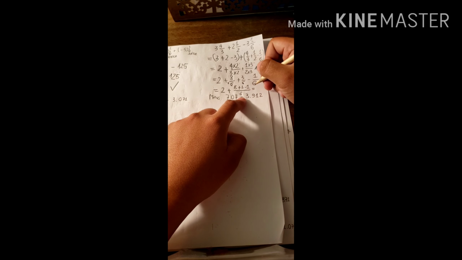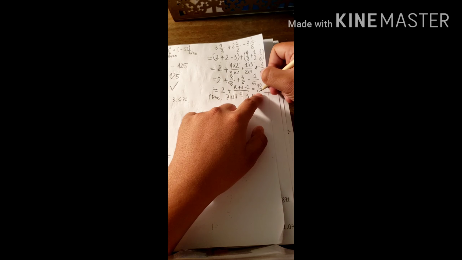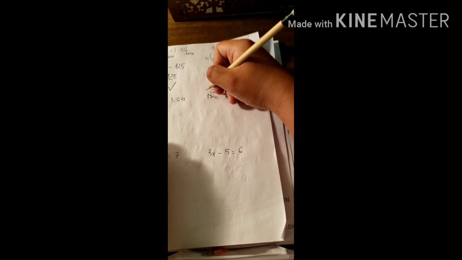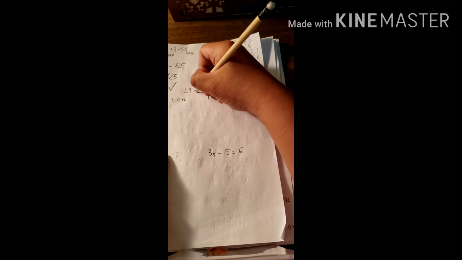We can simplify together. 8 plus 3 is 11. 11 minus 1 is 10 over 6. We can simplify 10 over 6 to about 5 over 3. So that's the answer key in here: 2 plus 5 over 3.